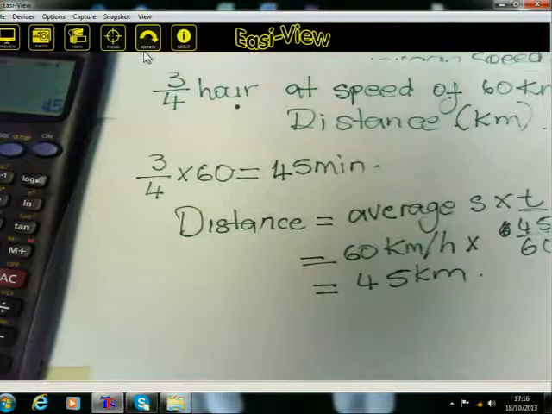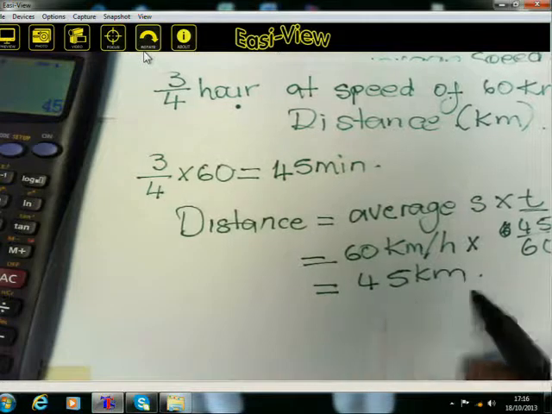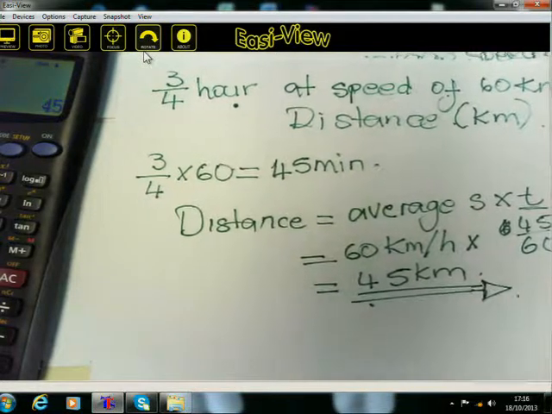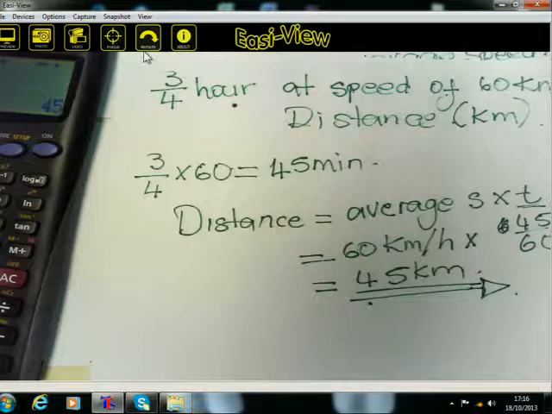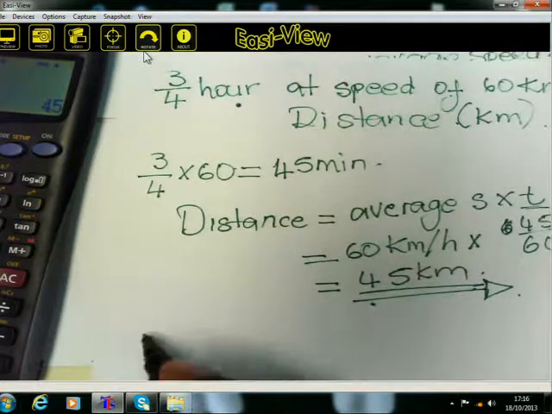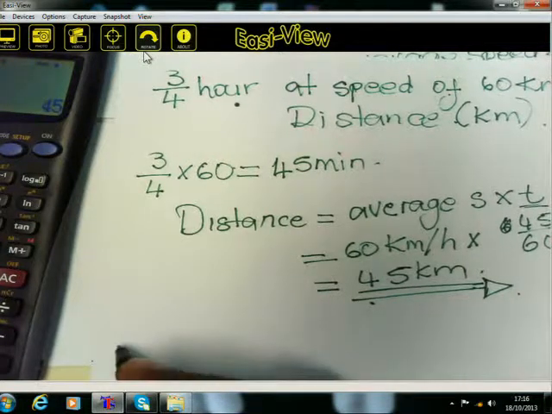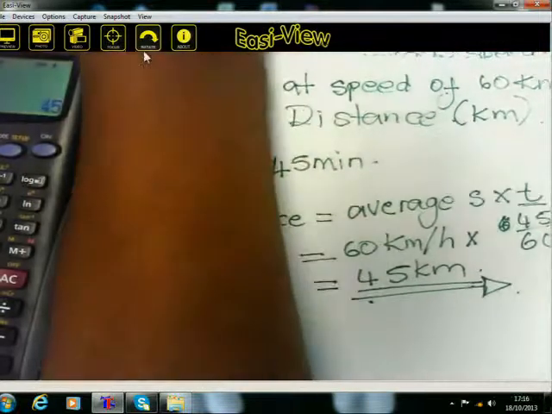Let's say here our distance is 45 kilometers, and we say that, no, it's Miss Mazibuko. We are still at Miss Mazibuko.